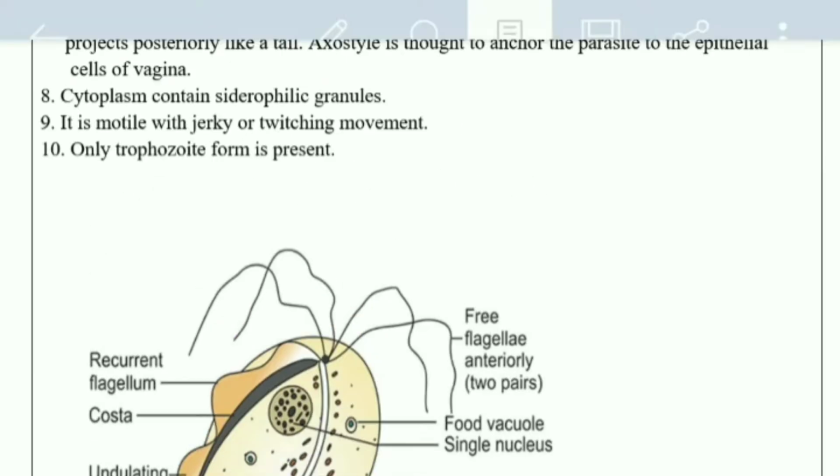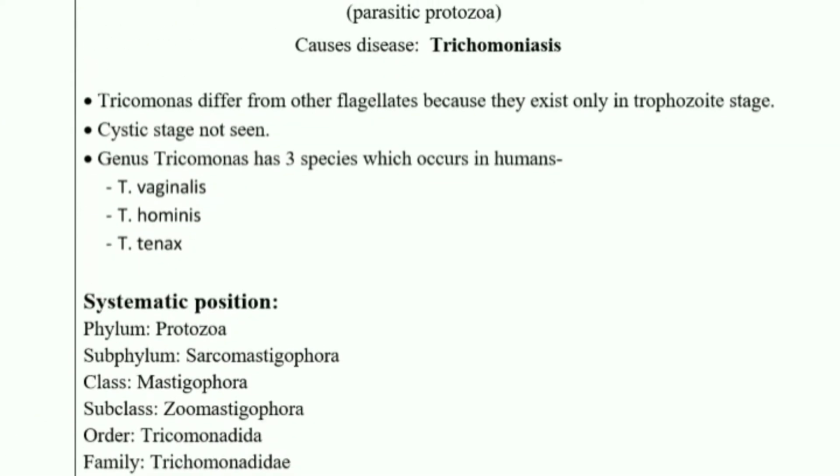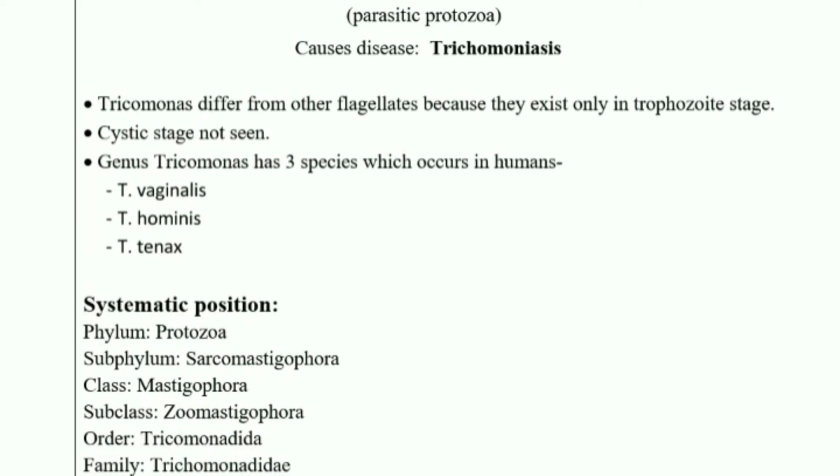Now let us start with the first content, that is Trichomonas vaginalis. As I mentioned before, this is a parasitic protozoan, and it causes the disease trichomoniasis. This parasitic protozoan differs from other flagellates because it exists only in the trophozoite stage.